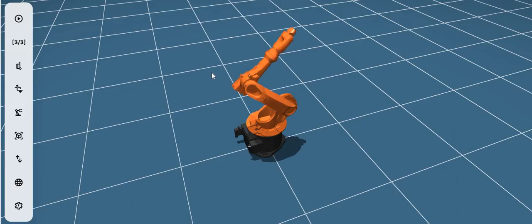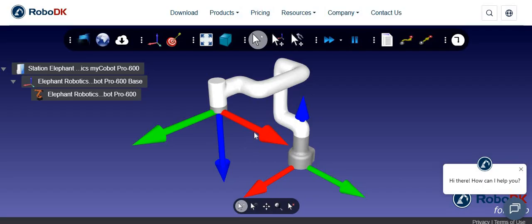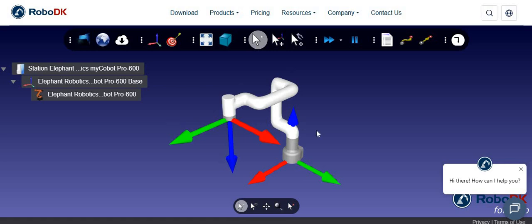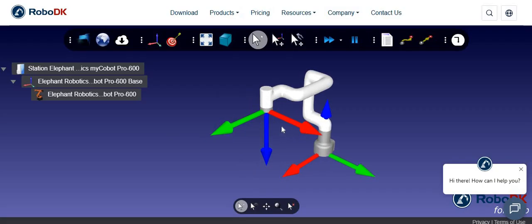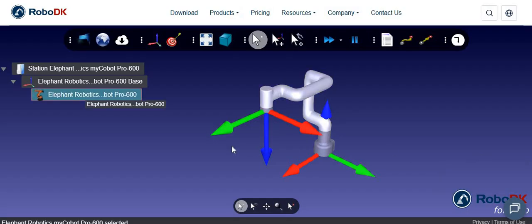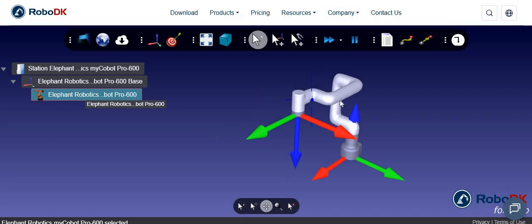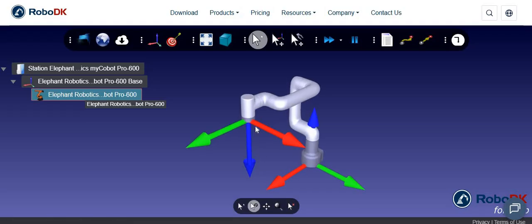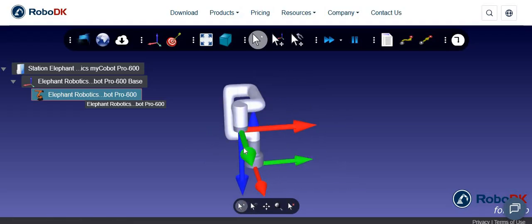and let me see with another simulator in which we are able to attach imaginary frames. So right here I'm on RoboDK, and this is online, very light. You can run it on your computer also. Okay.